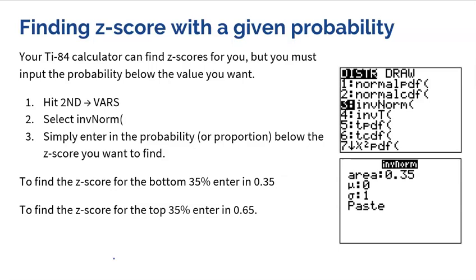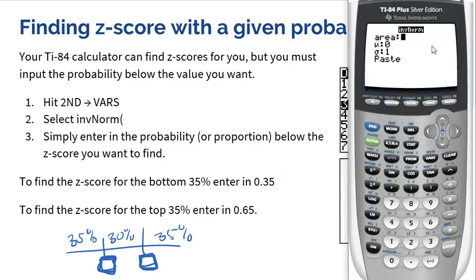Go back to what I already discussed. I'm looking for the middle 30%, which puts 35% below and 35% above. What I want is this z-score at the bottom of the 30% and this z-score at the top of the 30%. To do that, I have to understand how the calculator works. Remember, the calculator only wants the area below.